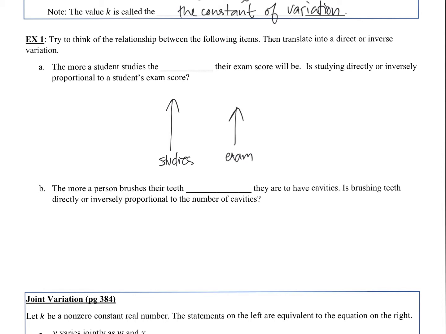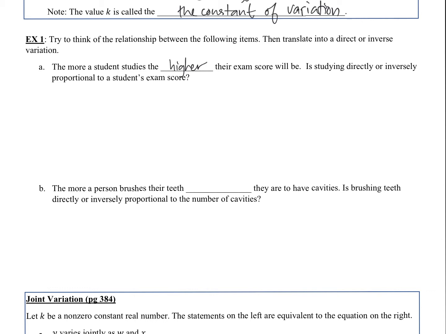So the more a student studies, the higher their exam score will be. Is studying directly or inversely proportional to a student's exam score? Since they're both going up, this is directly related.